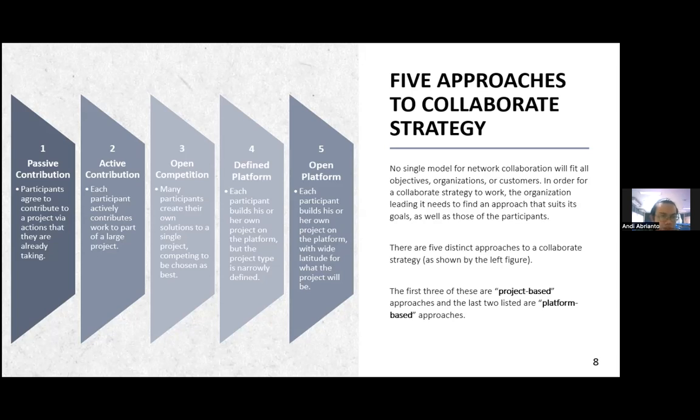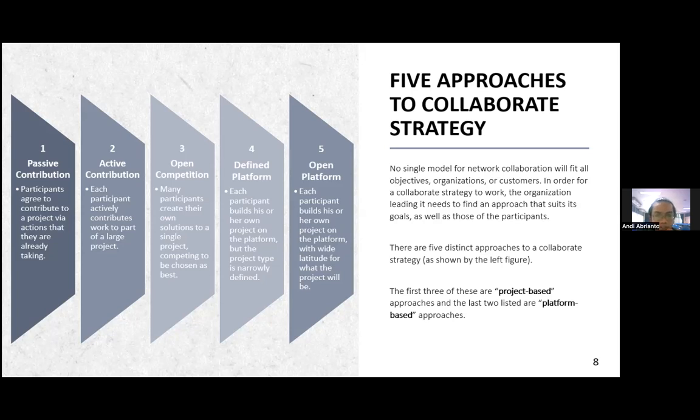First is passive contribution. Participants agree to contribute to a project via actions that they are already taking. The second is active contribution, in which each participant actively contributes work to part of a larger project. The third is open competition, where many participants create their own solution to a single project, competing to be chosen as best.